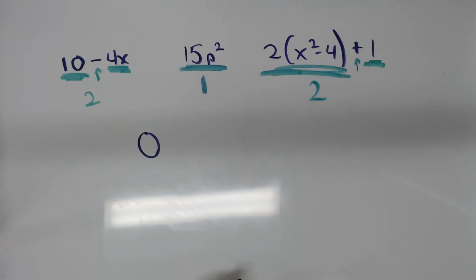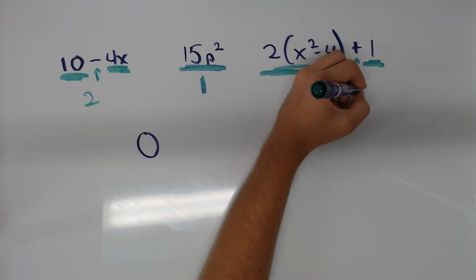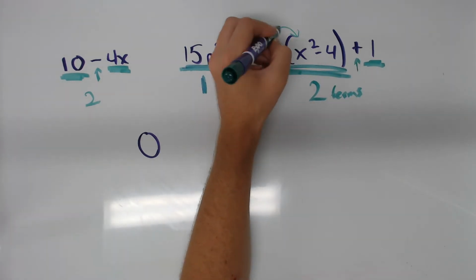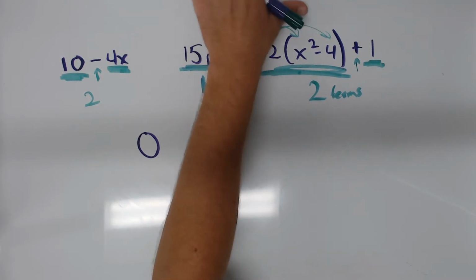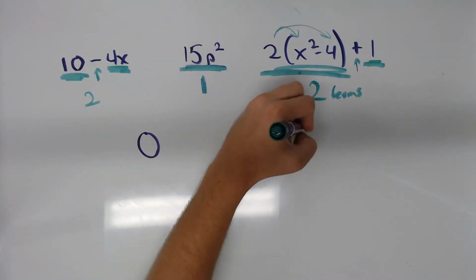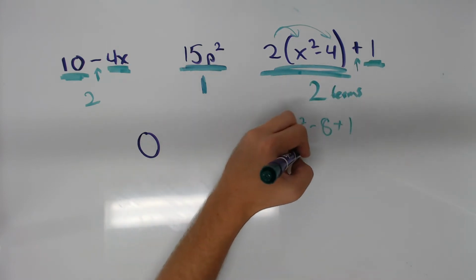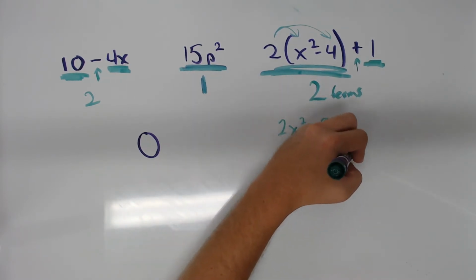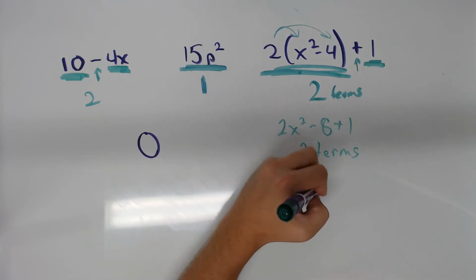Now what's kind of weird about this is even though it's two terms, if I choose to do the distributive property and get 2x squared minus 8 plus 1, now I'm going to call it three terms. Well, heck, now if I combine like terms with the minus 8 and the plus 1, it'd be 2x squared minus 7.